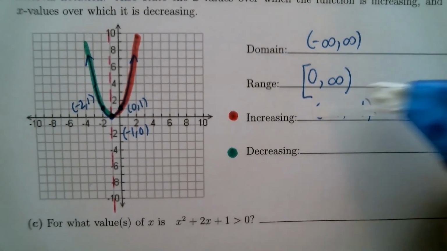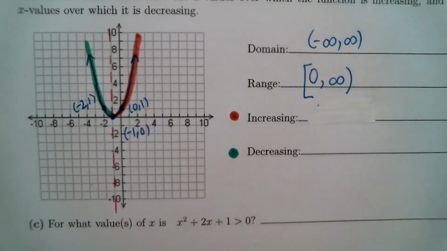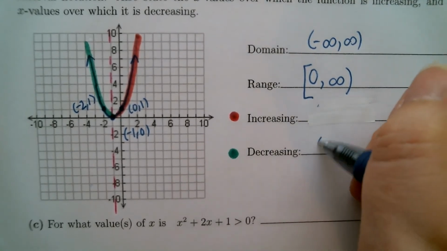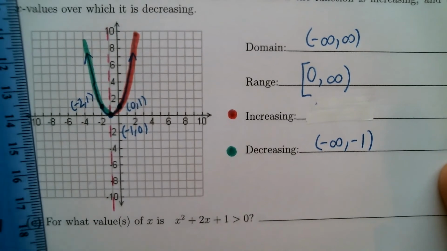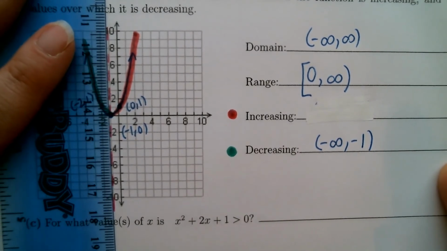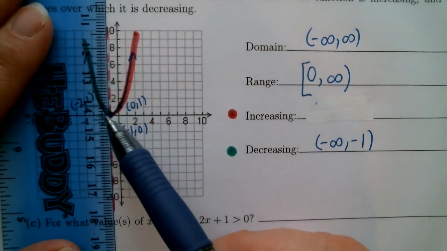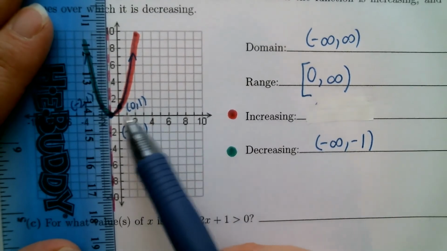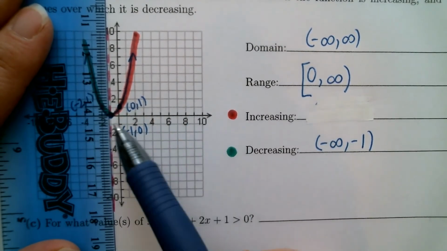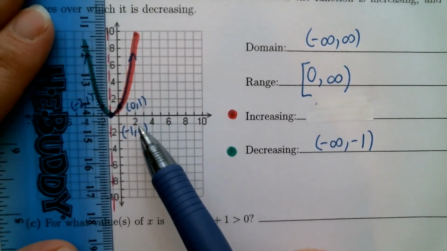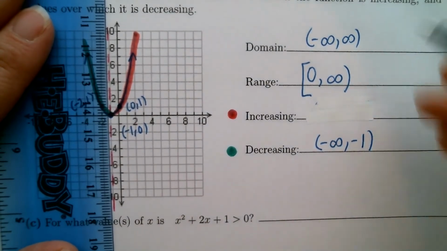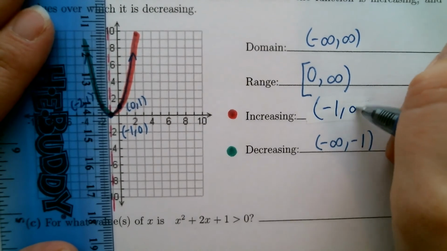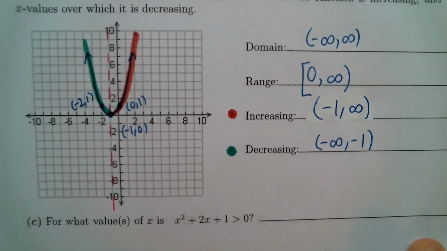This should be decreasing. Whoops. So here's where we're decreasing. And then if I look on the right side of the axis, I am rising, so I'm increasing, and that's happening over these x values. So I'm increasing from x equals -1 to positive infinity. And so that's what should go there.